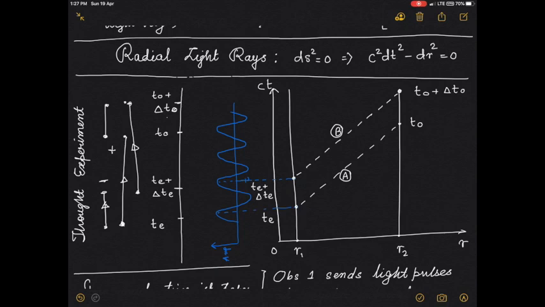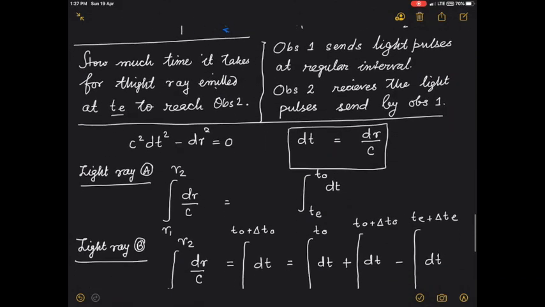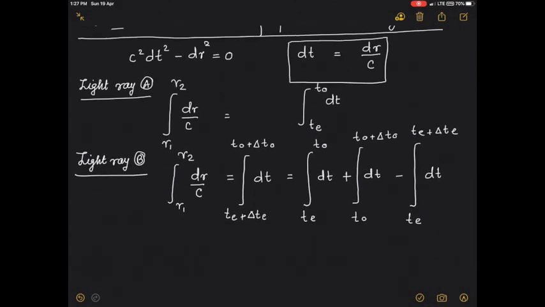So let us go through it again. We wanted to do this integral for the light ray B. To do that, I first took this part, then added this part, so I get from here to there, but then subtracted this part, so I get back this integral. That's essentially what I have written down here.